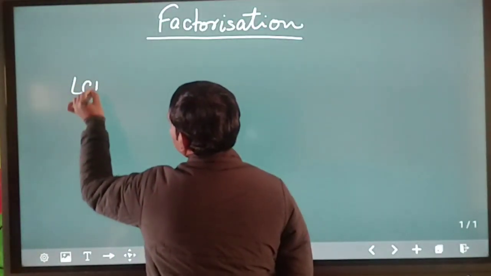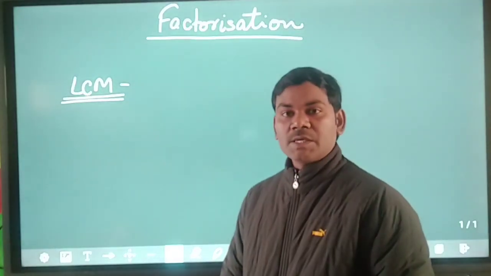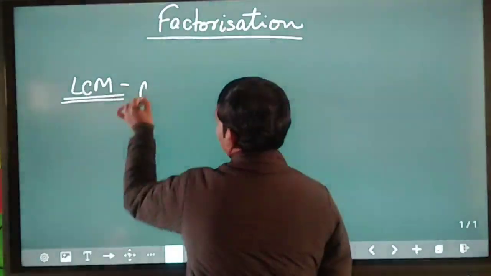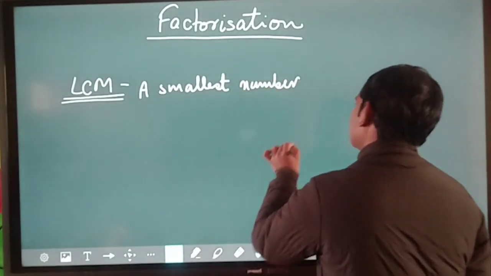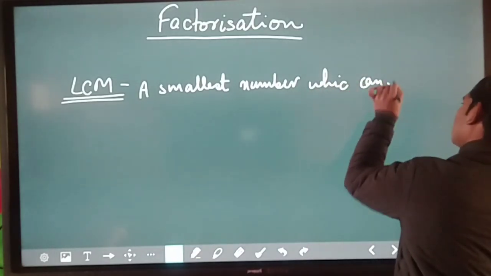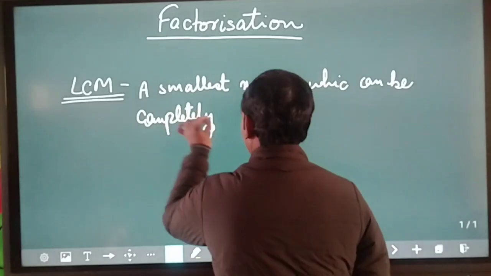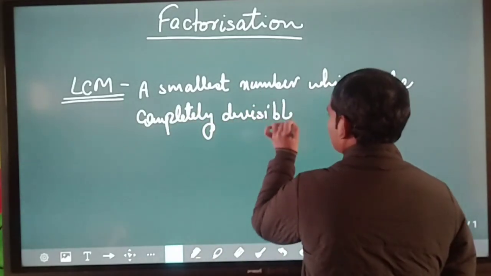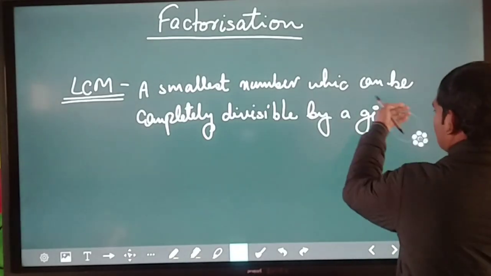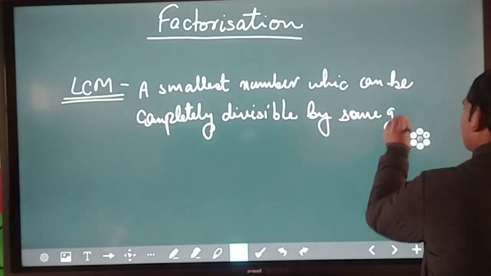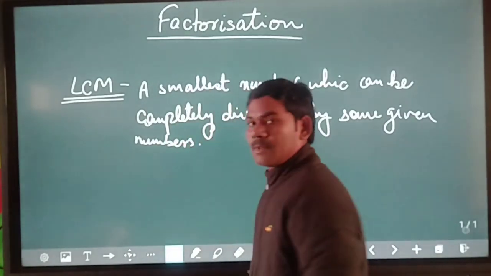As you have studied, in LCM we say that the smallest number which is completely divisible by the given numbers is called LCM. I hope it is clear.